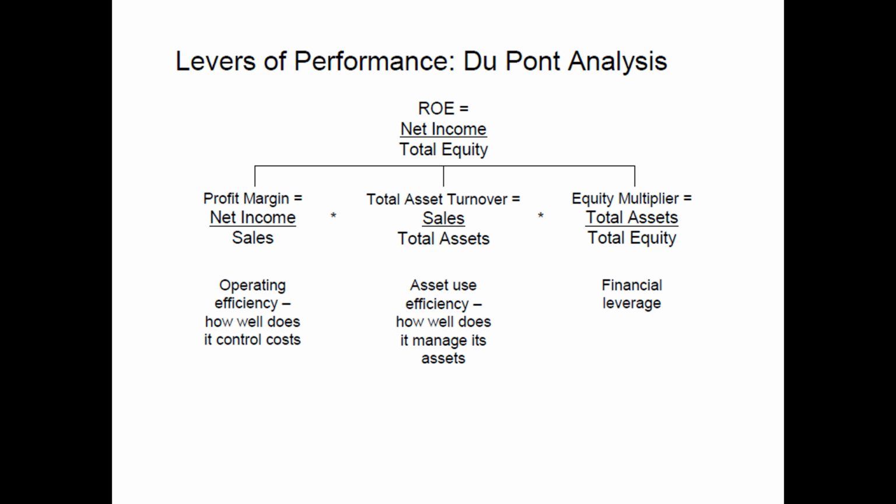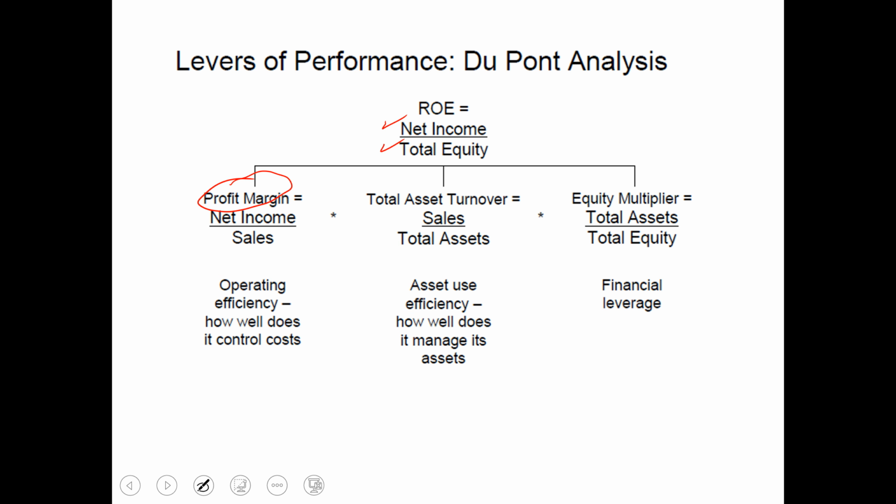What did the company earn for the shareholders given what they've got invested into the business? And return on equity can be broken into component pieces. Net income over sales is the profit margin, and that's what you keep for every dollar that you sell.